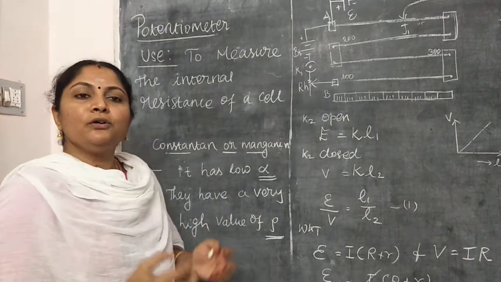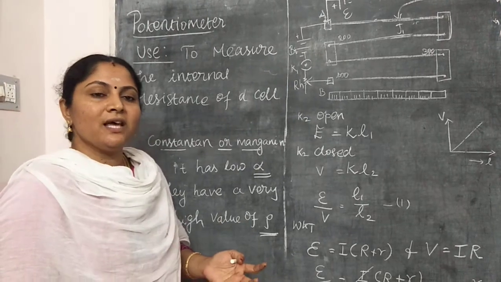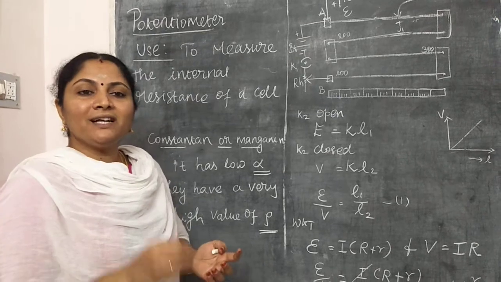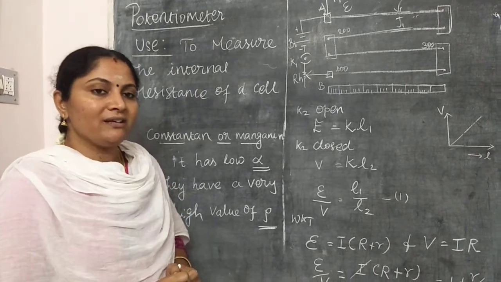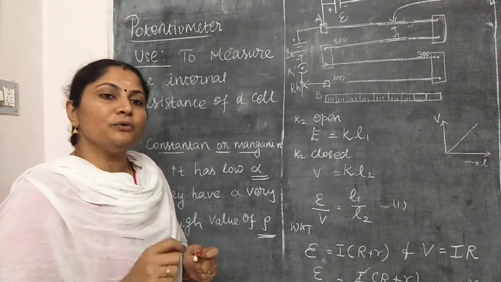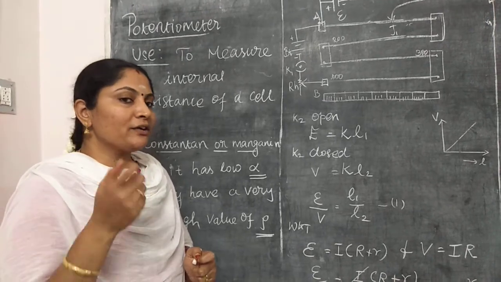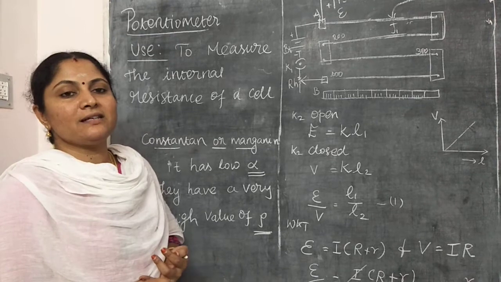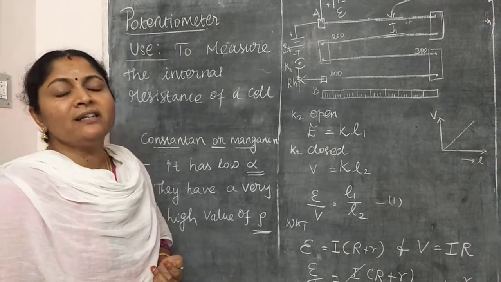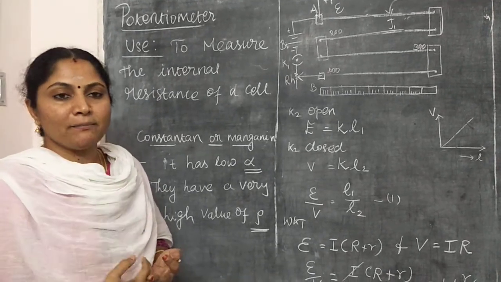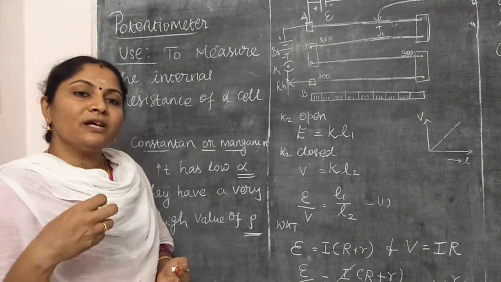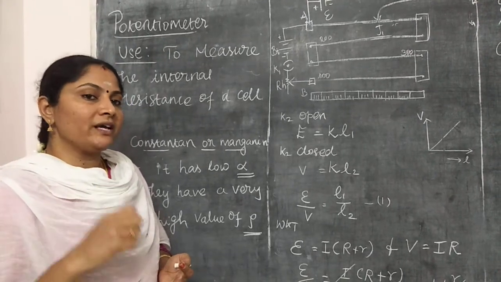So if we construct the potentiometer using these two materials, it is used to measure accurate values. Accurate values of EMF or internal resistance can be calculated, independent of the temperature. The resistance of the wire is independent of the temperature, so our measurement will be very accurate.